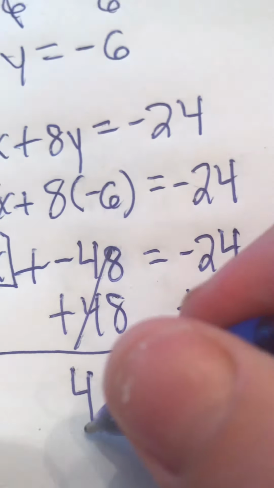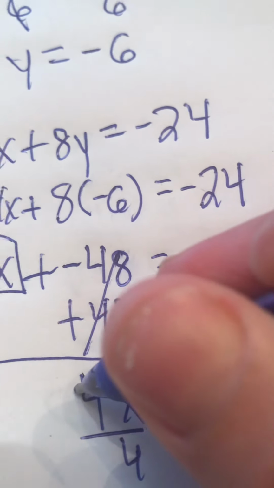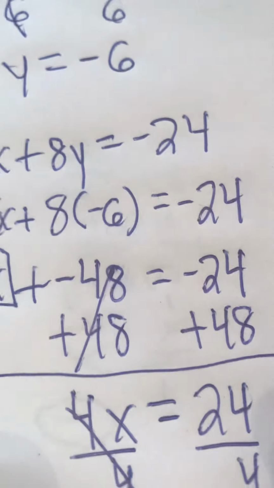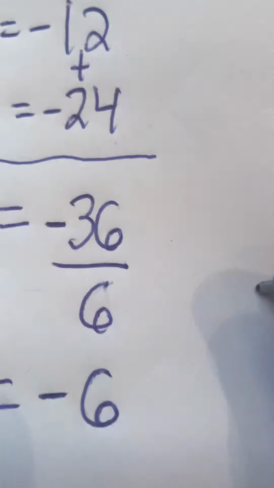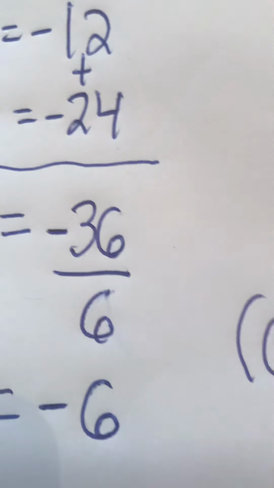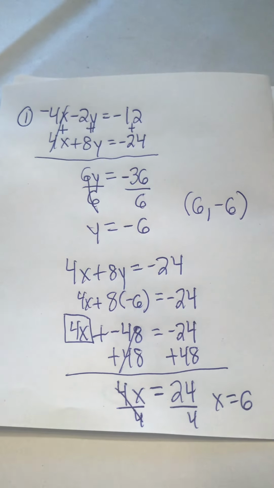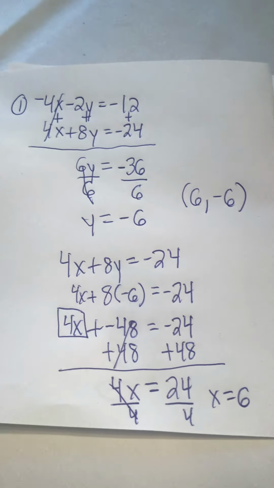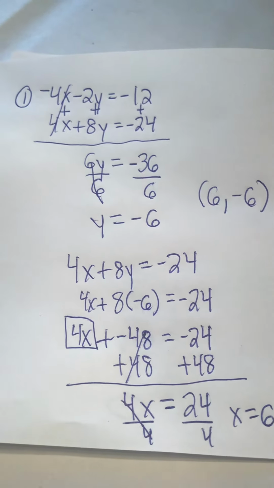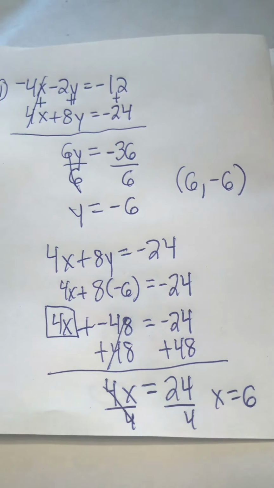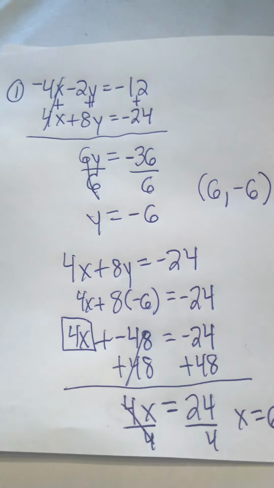Then I divide both sides by 4. 4 divided by 4 is just 1x. 24 divided by 4 is 6. So my answer to the first problem is 6, negative 6. So I'll kind of zoom out there. That is example 1. And that was a simple example because the coefficients were opposite. The next 2 examples, we're not going to have that luxury of having opposite coefficients.